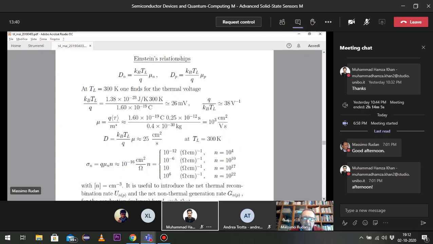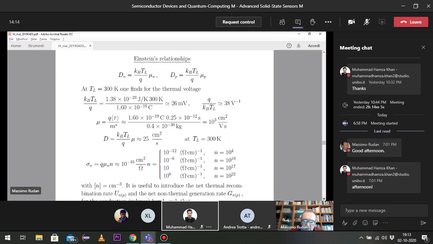Actually, it can be demonstrated that when you consider the electrons, the diffusion coefficient of the electrons is equal to the mobility of the electrons, mu n, multiplied by kT over Q. And similarly, the diffusion coefficient for holes is equal to the hole mobility times kT over Q. These two relations are called Einstein's relationships, and they are much more general.